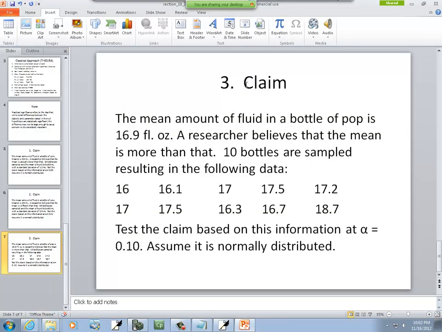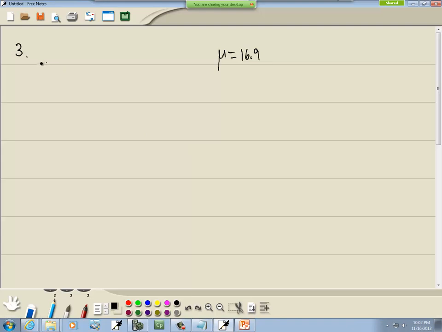Kind of weird. I wonder why they didn't put 17 in there. Oh, it's 500 milliliters. That's why. A researcher believes that the mean is more than that. So that implies more than 16.9.